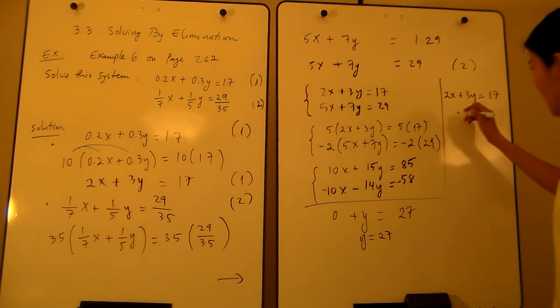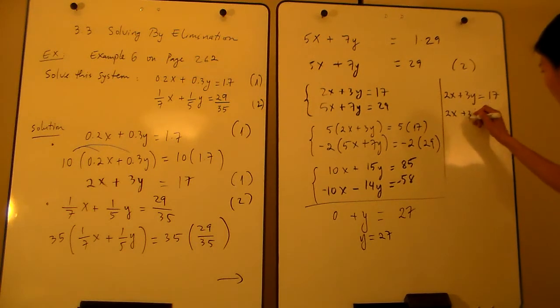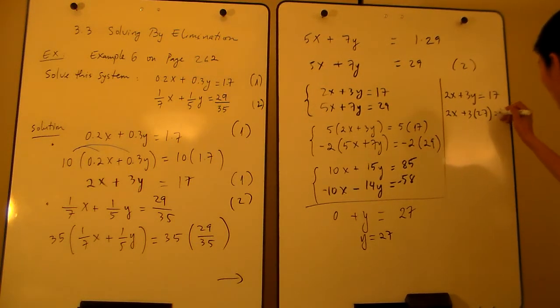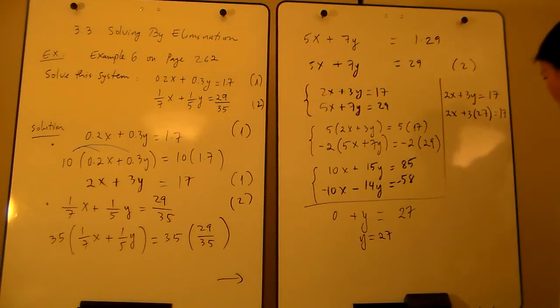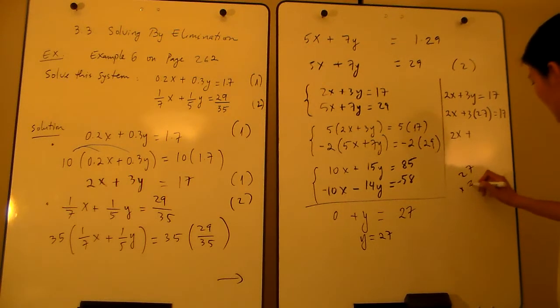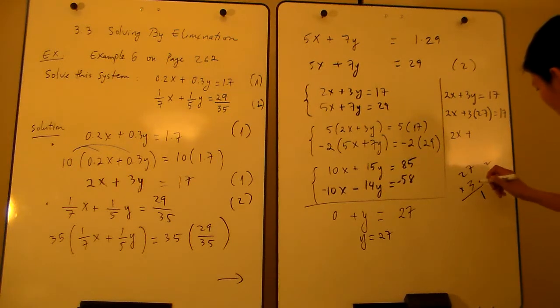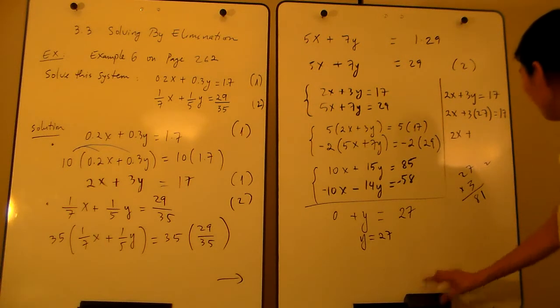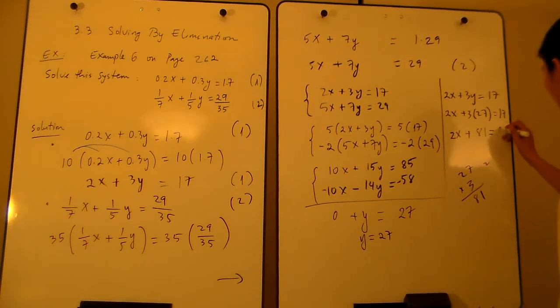I'm plugging y equals 27 into equation 1. 2x plus 3 times 27. 27 times 3 is what? 3 times 7 is 21, 3 times 2 is 6 plus 2 is 8, so 81. So 2x plus 81 equals 17.